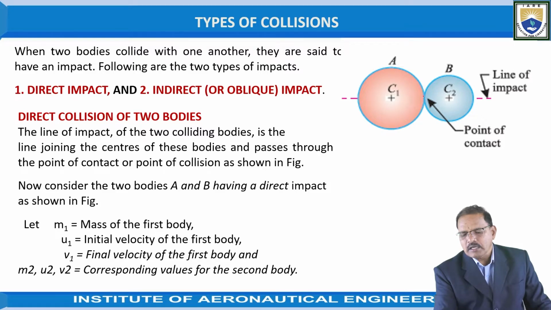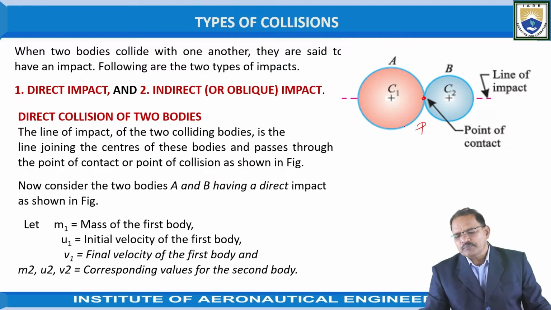According to this figure, P represents the point of impact. If the line joining C1 and C2 passes through point P, then the type of collision is called direct impact. If it does not pass through that point P, then it is called indirect impact, sometimes also called oblique impact.